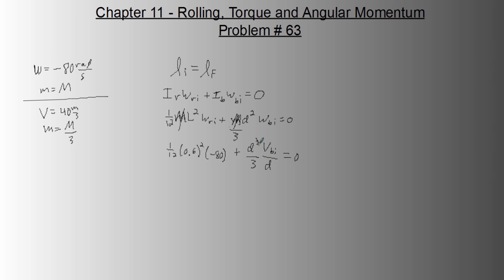So this cancels with one of these. This is 40. So essentially 1/12 times 0.6 squared times negative 80 plus d times 40 over 3 equals 0. D equals 0.18 meters, which makes sense because the rod's length is 0.6, so it's less than the whole rod's length, which is a good thing.